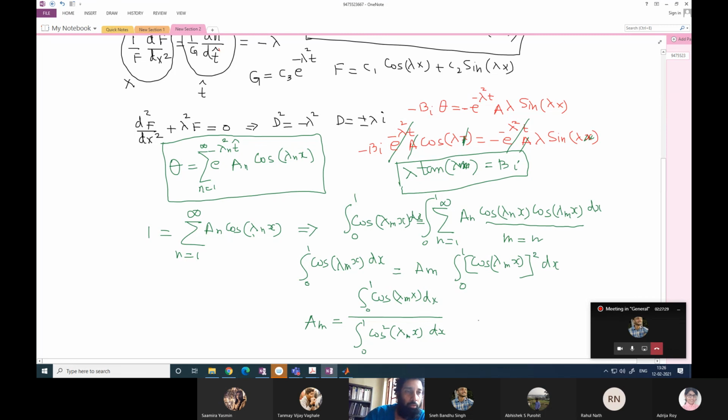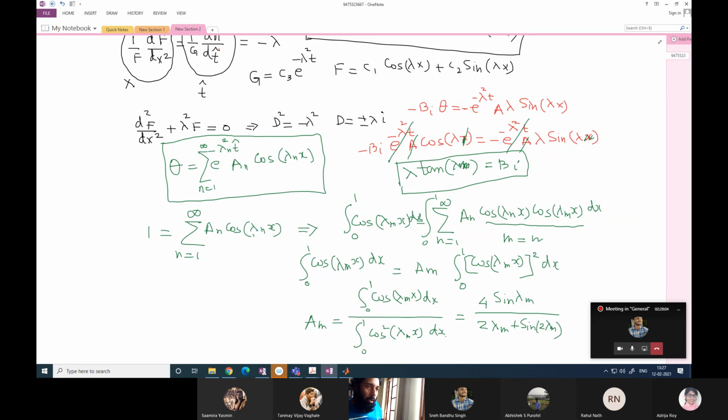So this will come to be 4 sin lambda m divided by 2 lambda m plus sin 2 lambda m. You can do all the steps; I have only shown a little bit of magic here, saying that except for m equals n, all others will be 0, by orthogonal properties. So this is how you get the coefficient a m.